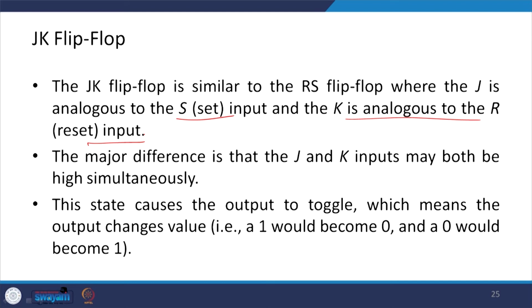We have seen that in case of RS flip flop, R and S both being 1 was not allowed. But in case of JK flip flop, both J and K values can be 1 together. This state causes the output to toggle, which means that the output changes value, that is 1 becomes 0 and 0 becomes 1.